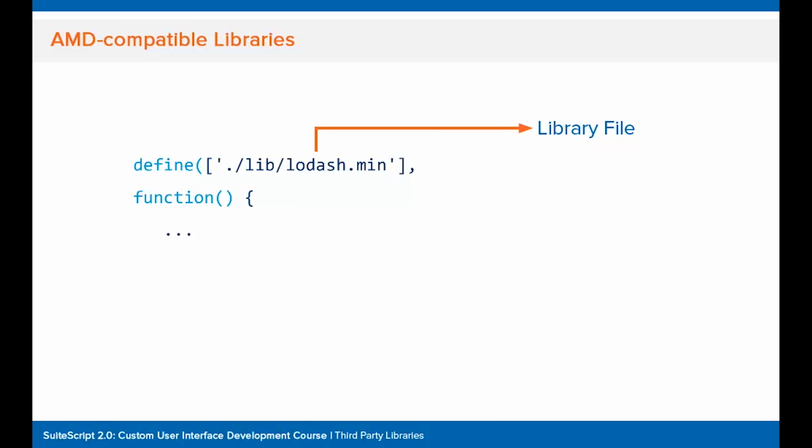So as you can see here, I have my Lodash library, which I have added in my define statement. And on my function call, I need not put a placeholder because my Lodash library has a global variable of an underscore. So I don't have to specify a placeholder for that particular module or library.